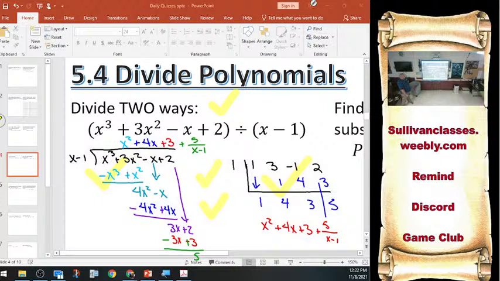At the very end, I wrote 5 over x plus 1. Everything worked out just fine, but right here I said minus 3. The little stuff. Okay.